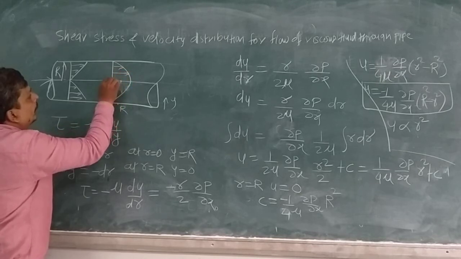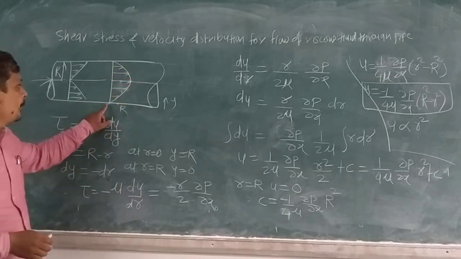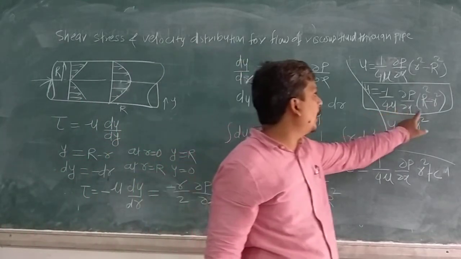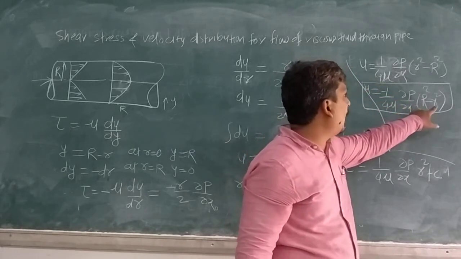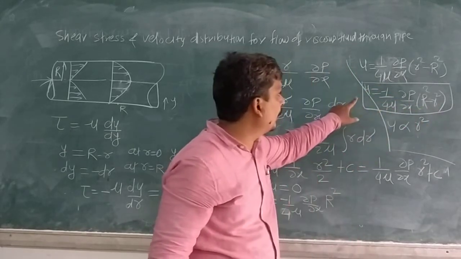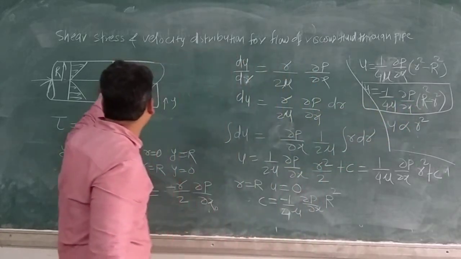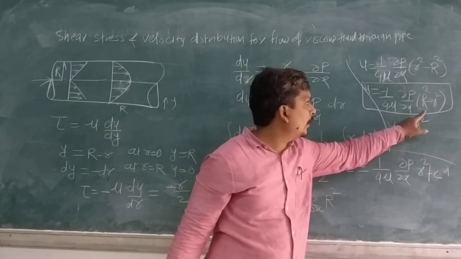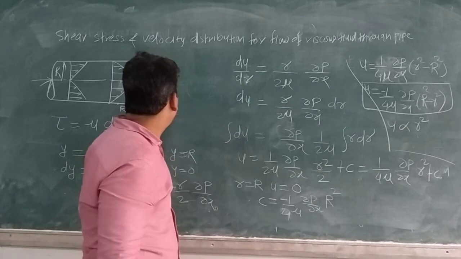So here we get the maximum velocity at the center. Putting small r equal to 0, we get the maximum velocity as capital R squared, and the minimum velocity will be 0 by putting small r equal to capital R. So this becomes 0 where small r equals capital R, at the wall.